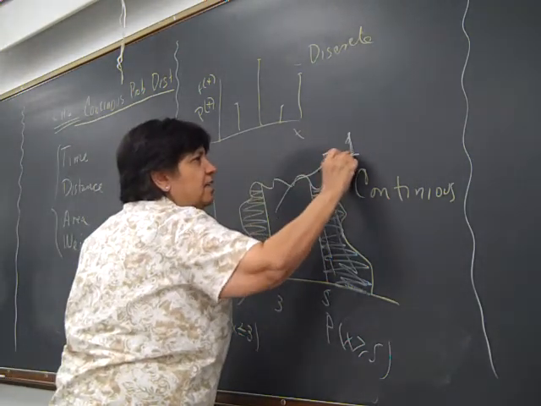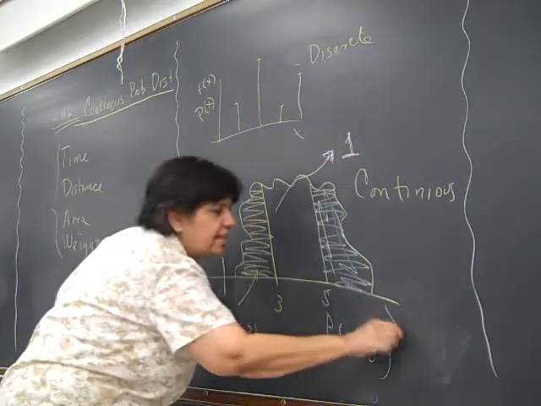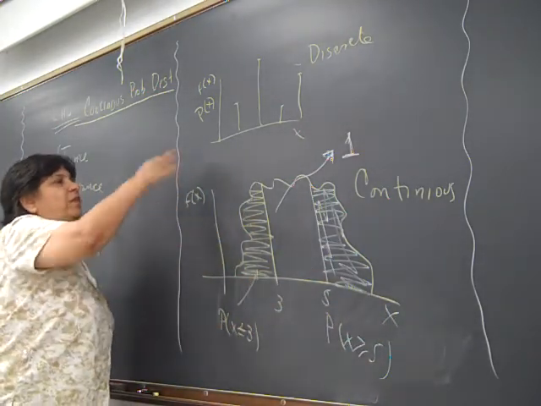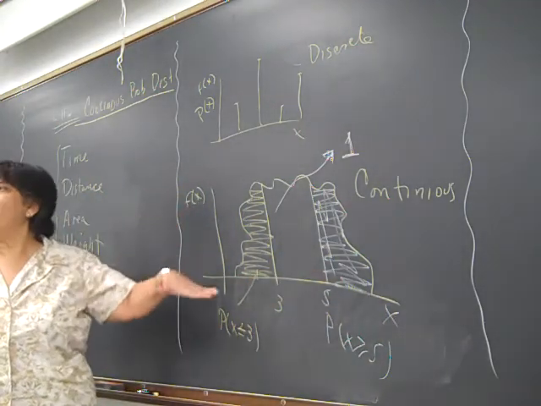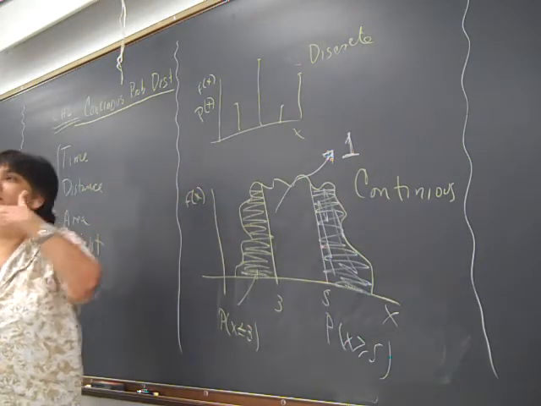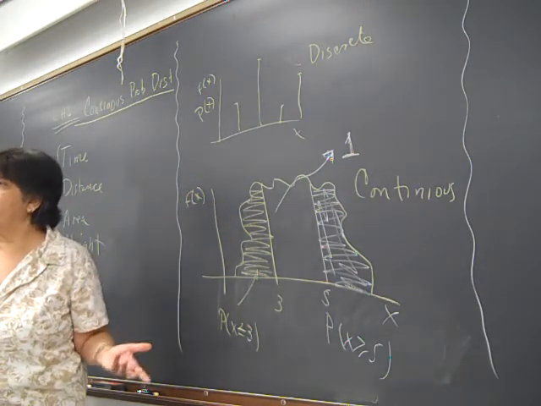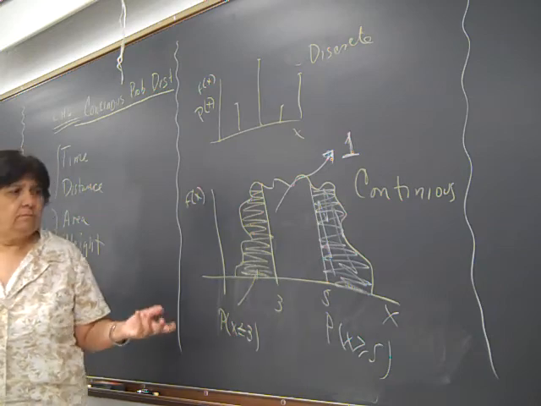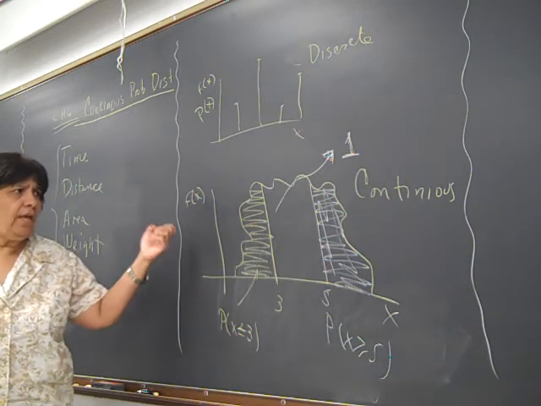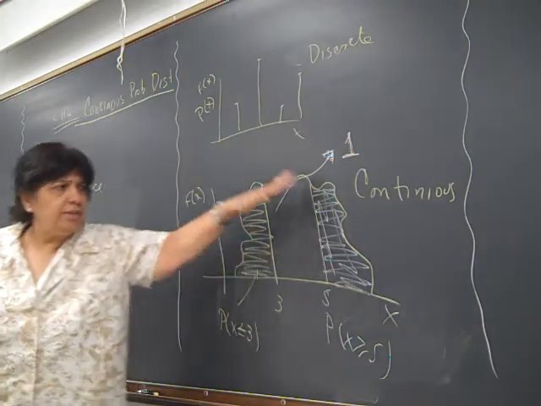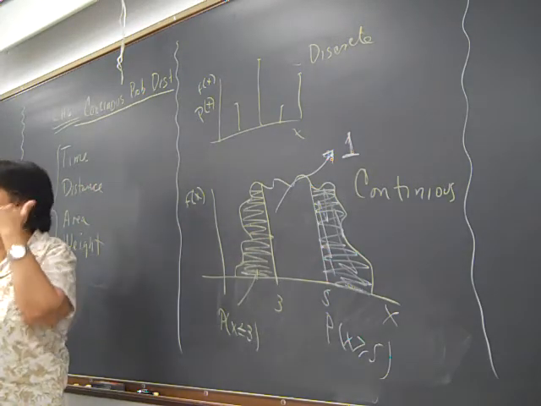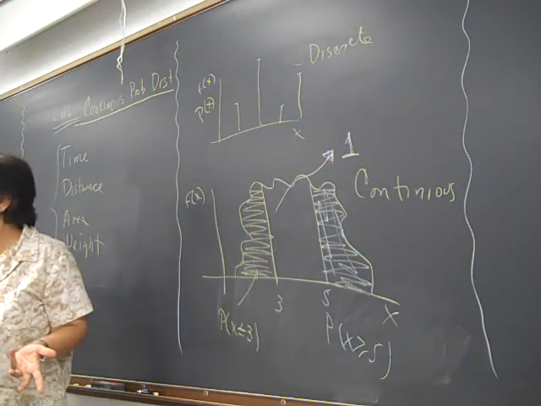Exactly. So this is x, this is f of x, which is only the height of the distribution, but it's not important for calculating probabilities. And the area under the curve has to be equal to 1.